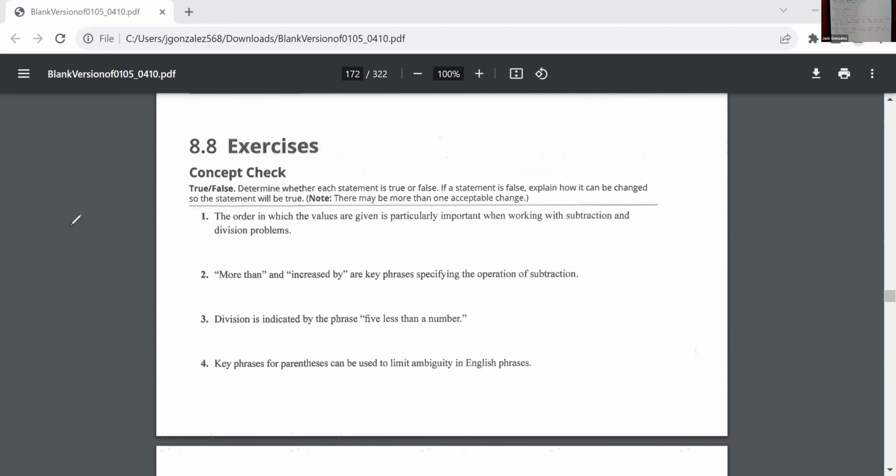Explain how it can be changed to a true statement. Number one, true.